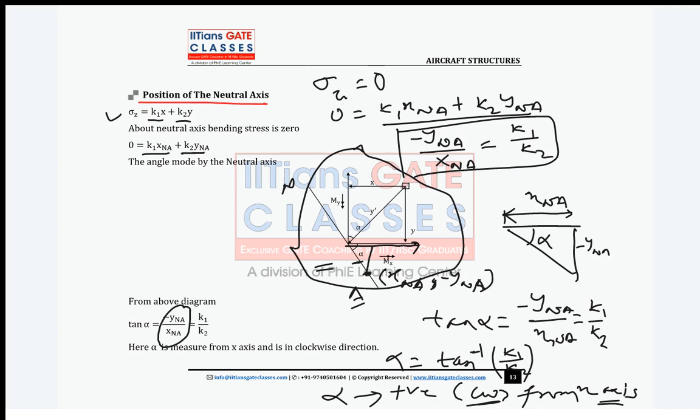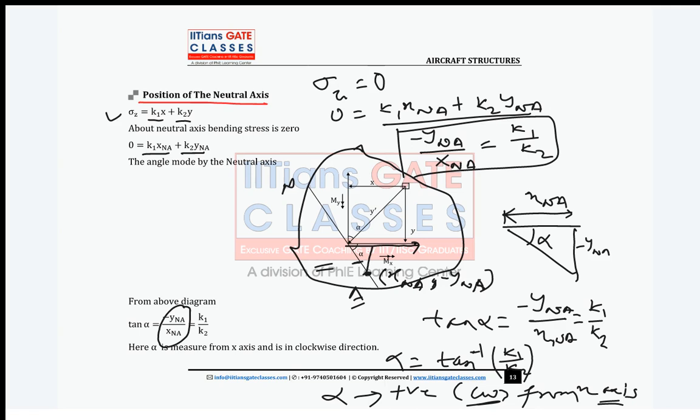You guys understand why this minus sign exists? Because you are taking a point which is on the negative y axis, right? Is this clear? The position of neutral axis, guys, alpha is tan inverse K1 by K2, and how it has come. Everybody, is it clear? This part is not clearly mentioned in the Maxon book.